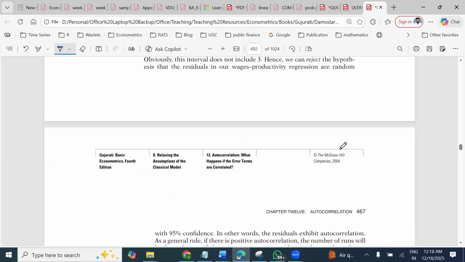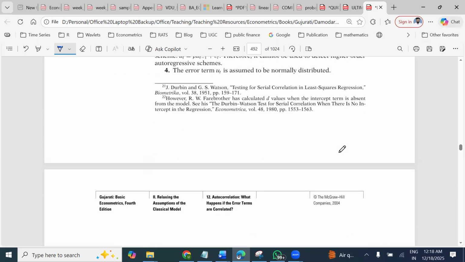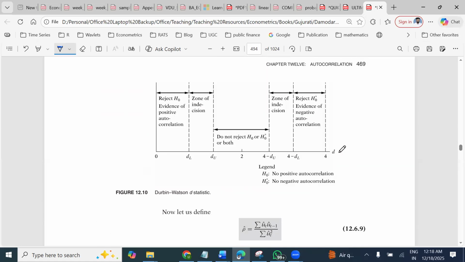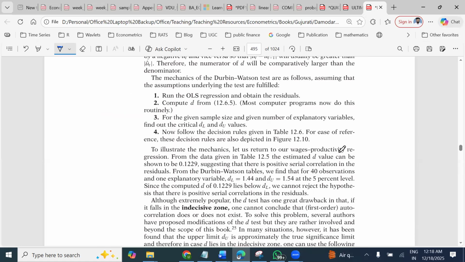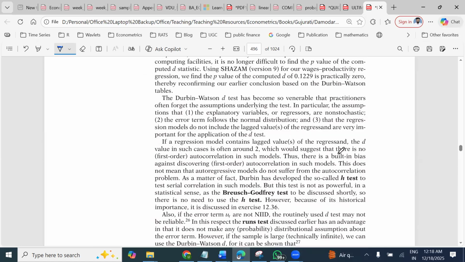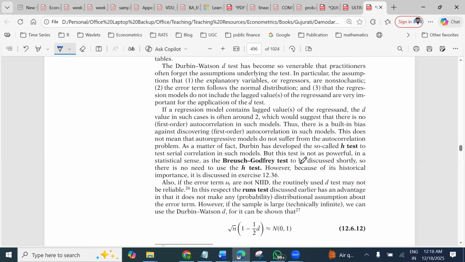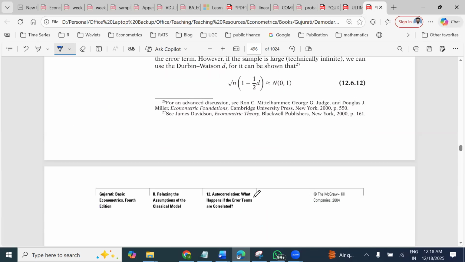Now, what are the tests? Durbin-Watson test you already know. Is there any other extra information? Breusch-Godfrey test is used for autocorrelation. Please remember this. Then Runs test. This is also used for autocorrelation. Please remember this.